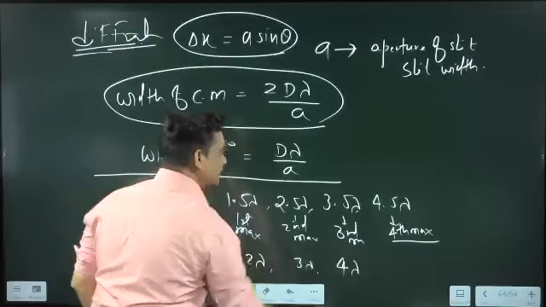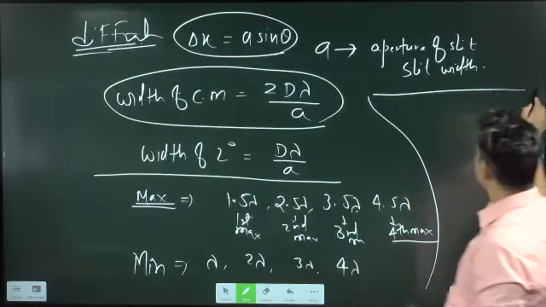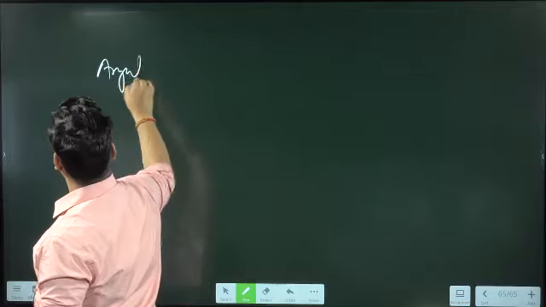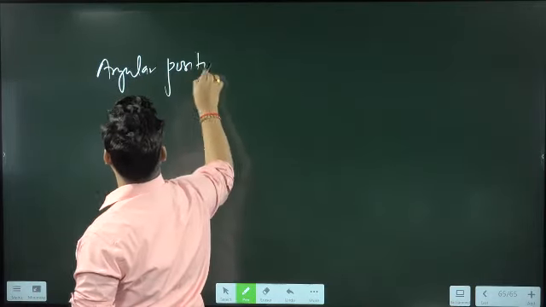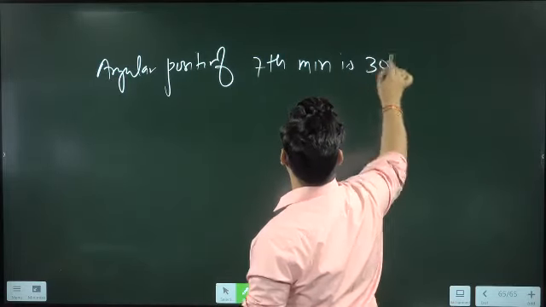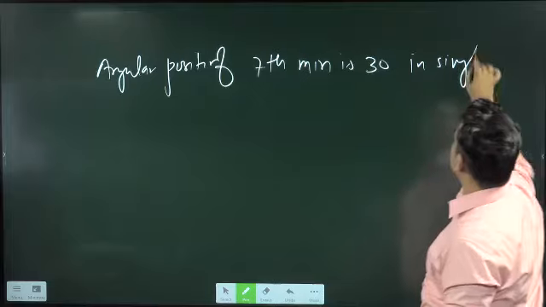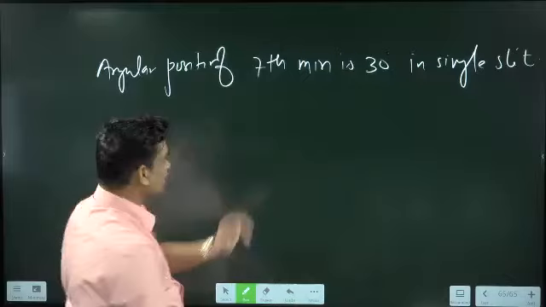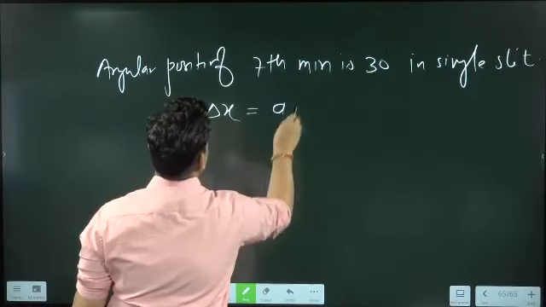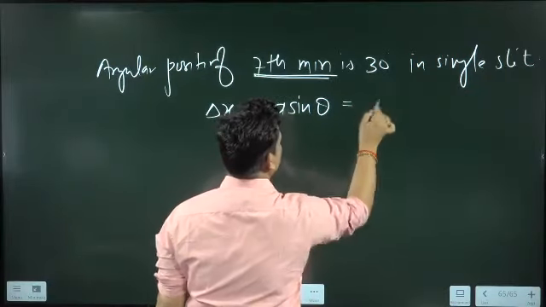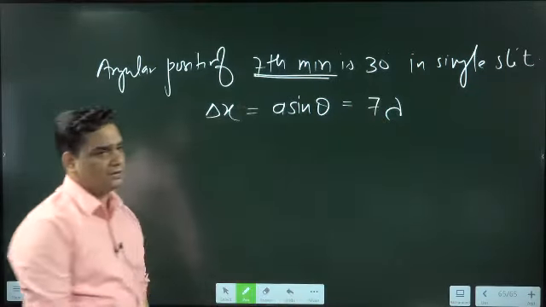And the same way you have to write. If I ask the angular position of the 7th minima is 30 degree in a single slit, single slit means basically diffraction. So we will write delta x should be equal to a sine theta, and for the seventh minima this should be 7 lambda.